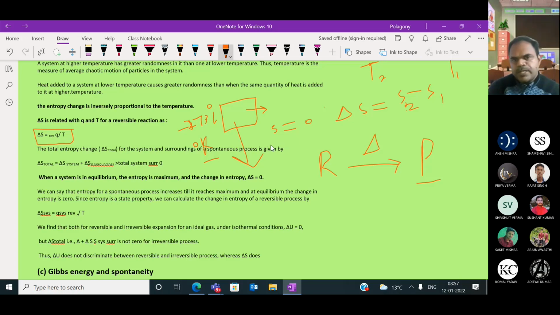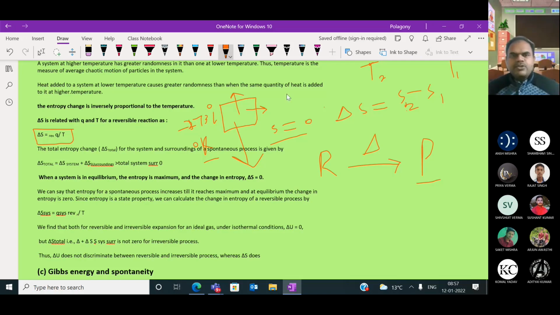So entropy value talks about orderness, and if the system is in order, that means heat energy is not supplied. If heat energy is supplied to the system, it causes molecular motions. It tries to get randomness.